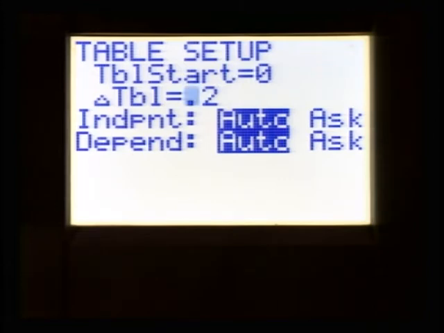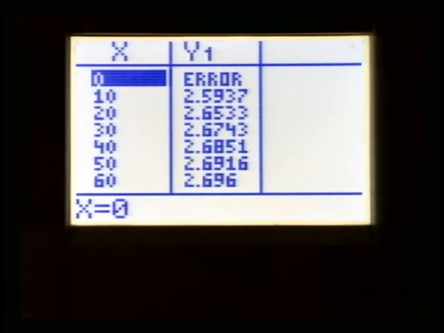And then we're going to let the table change the n value every 10. Now, over on your graph key, if you use your second or shift key, you can see that on the calculator it says table. So we go shift, table, and it generates a table for us.